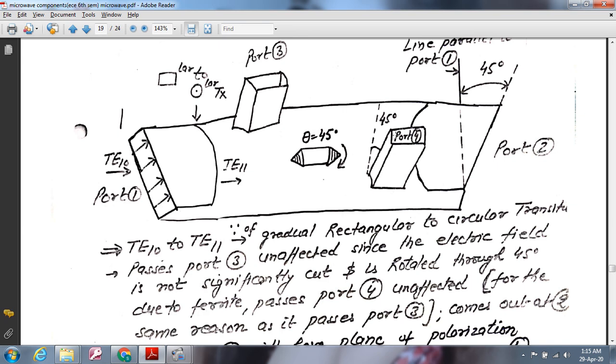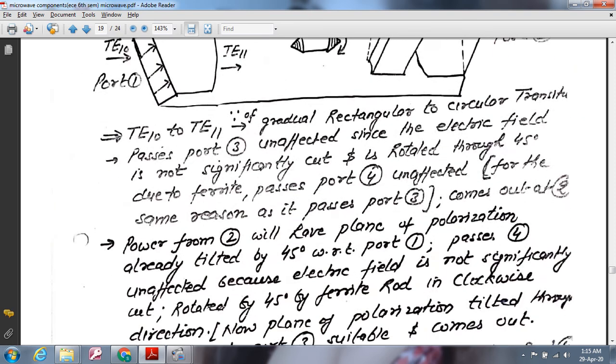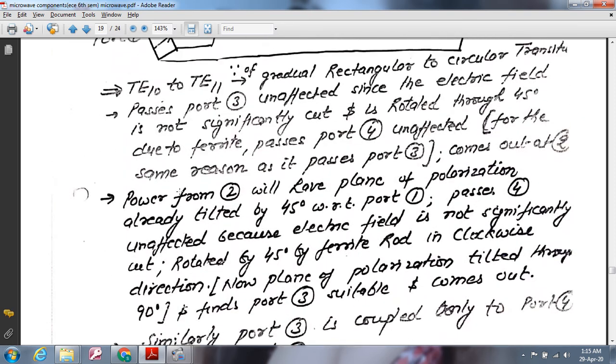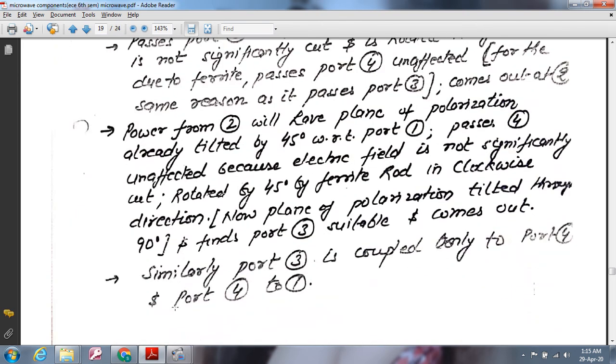From port number 4 the wave passes again through this 45 degree clockwise rotation, and the wave emerges out from port number 1. So this is how this circulator is going to work.